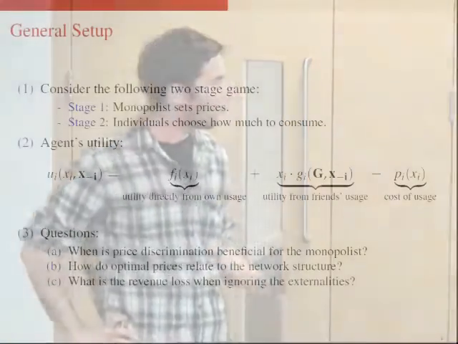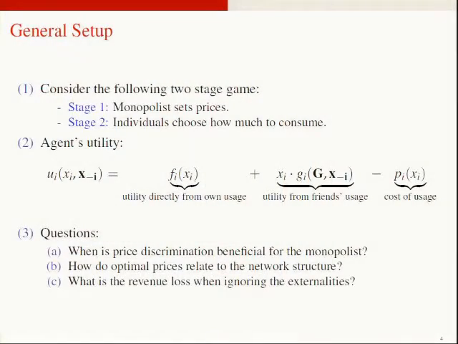How much I care about others. And finally, the third term is the cost of buying x_i amount of the resource, okay? So the question I want to address in this setting is, when is price discrimination beneficial for the monopolist? How do the optimal prices relate to the network structure? And what is the revenue loss when one ignores those externalities, okay?